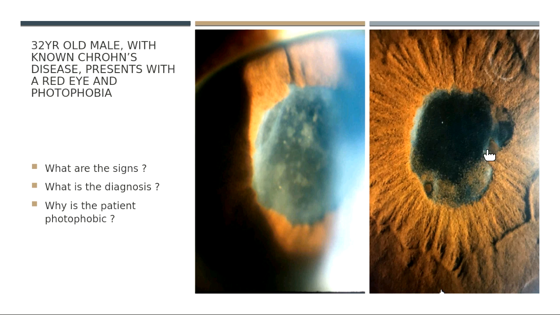So these areas here are where you are having adhesions between the pupil margin and the anterior lens capsule. And that's what we call posterior synechiae.